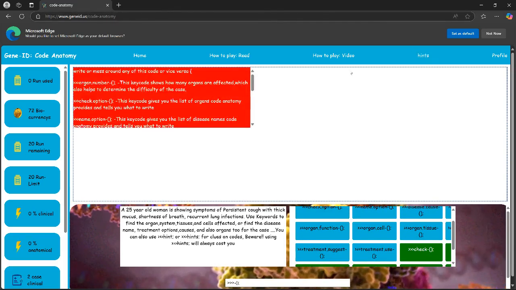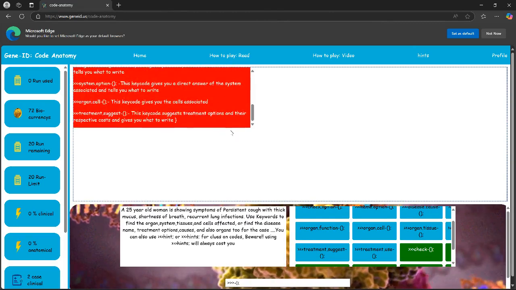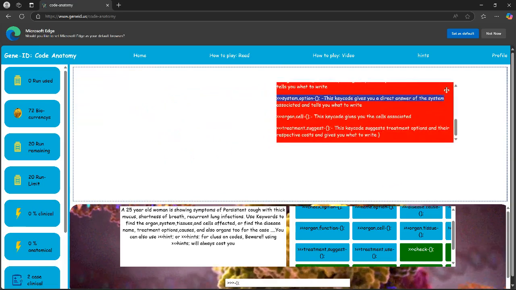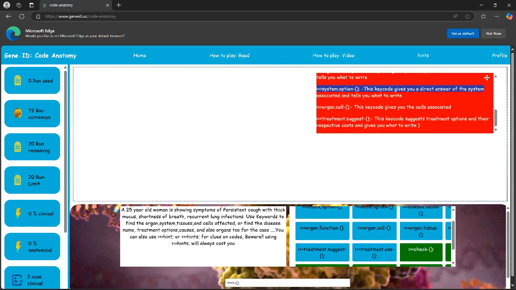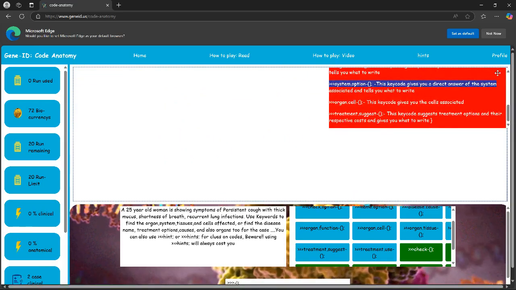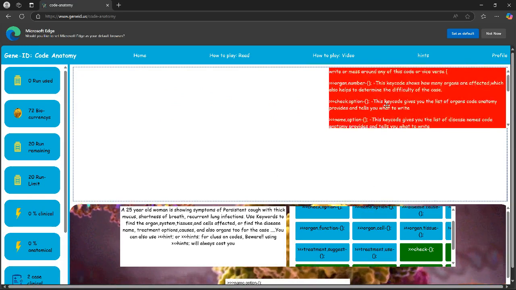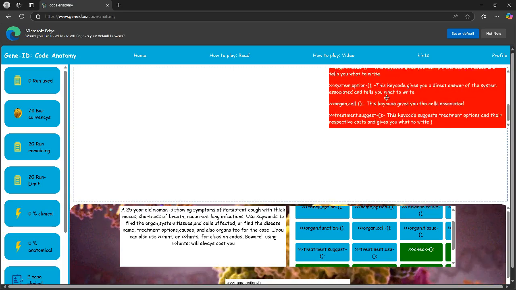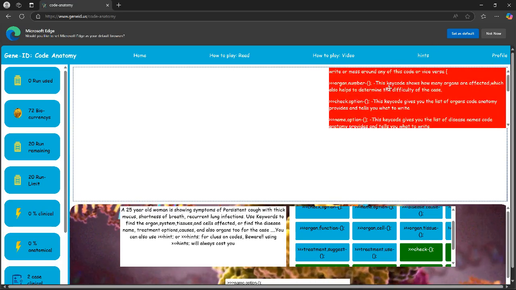If you hit the word hints, and I learned that you can actually move around on the screen. So when you open this, you can just move it to the top right. I recommend having that there so you can see what's going on where, right? So these are your codes which help you perform certain functions. So let's read the problem.